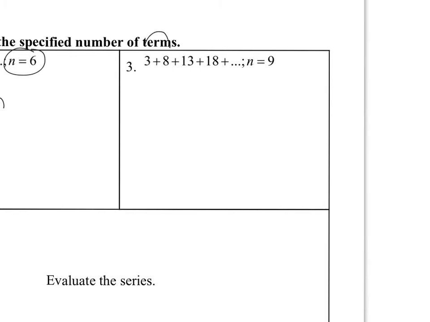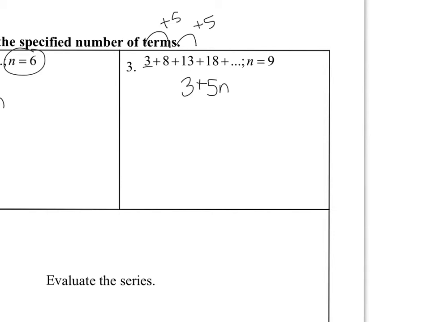So it works. I always double check to see if it works. Now this sequence is going up by 5. A common mistake people make is just writing 3 plus 5n, because the first number is 3 and it goes up by 5. But that's not going to give you your first term, because if I plug in 1, I get 3 plus 5 times 1, which is 8, so that doesn't work.